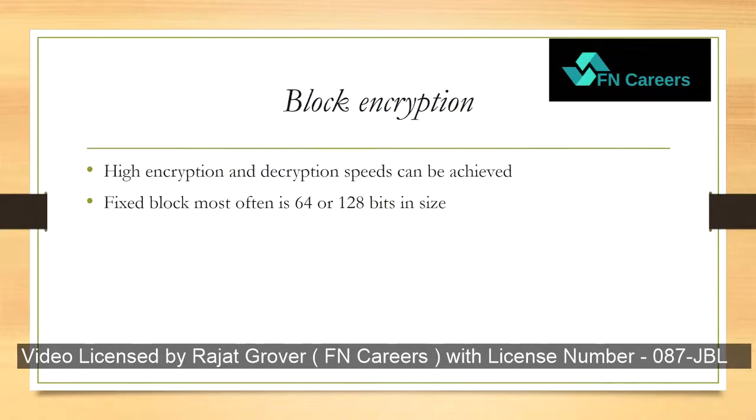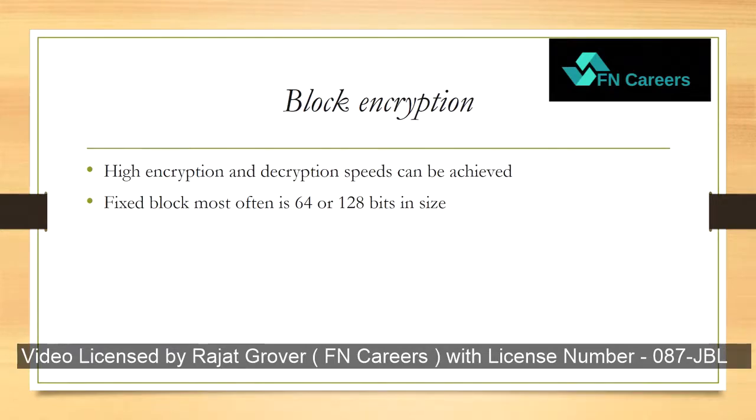The block encryption is done by apparatus and block means. High encryption and decryption speeds can be achieved. Block ciphering is a translation of a string with fixed length into a fixed length output block with the help of a secret cryptographic key.